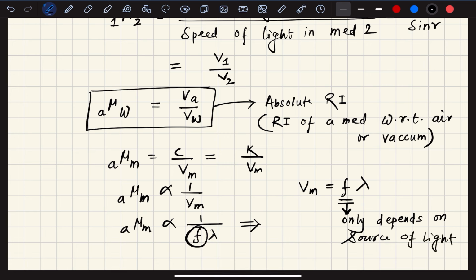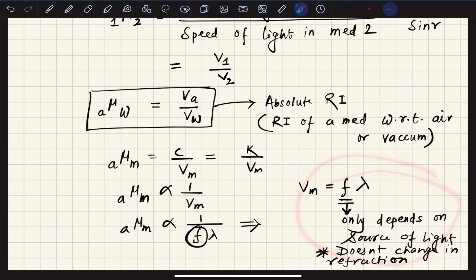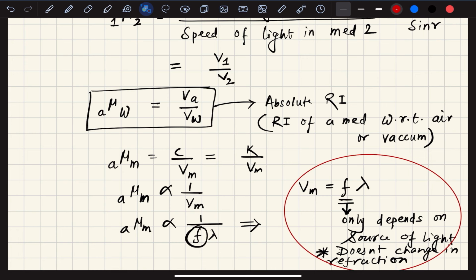So very important, frequency doesn't change in refraction. It's a very important part. Please mark it. Whatever you want to do, please do that. So from here I can say that the refractive index of any medium is inversely proportional to only the wavelength.